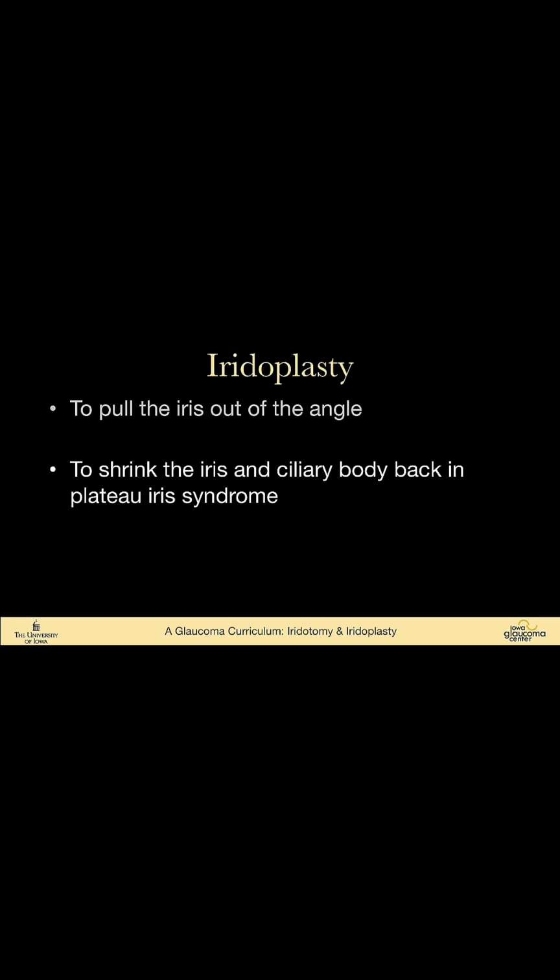Shifting gears to iridoplasty, the iridoplasty is designed to pull the iris out of the angle to shrink the ciliary body back in plateau iris syndrome. It can be done with or without a gonioscopy lens, delivering burns into the very far periphery of the iris. These are the opposite of iridotomy.